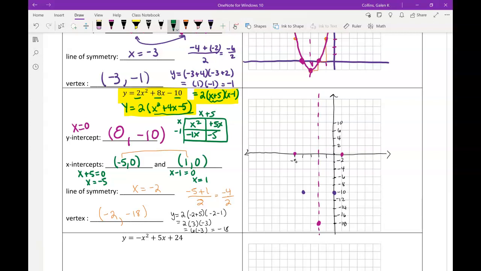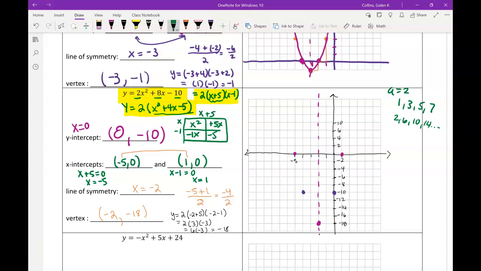So if I check this with my pattern of 1, 3, 5, 7, looking for our first order differences pattern, we know since a is 2, what we're really counting by should be 2, 6, 10, 14, and so on.